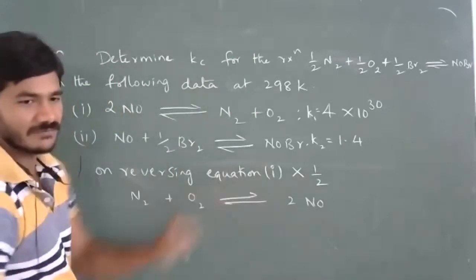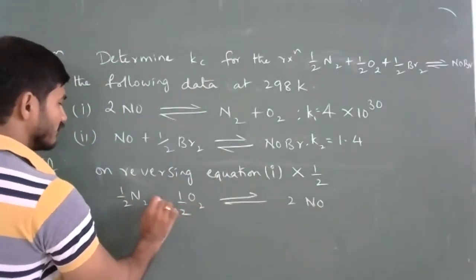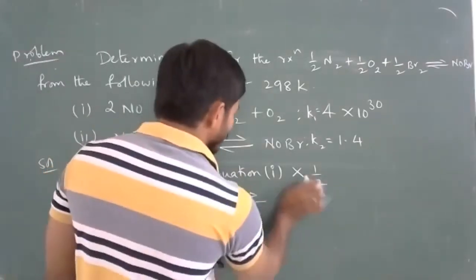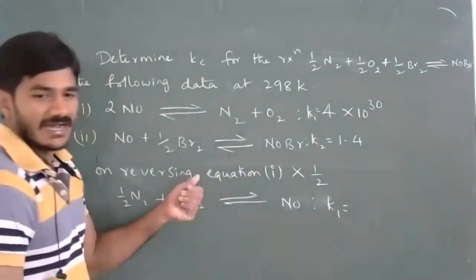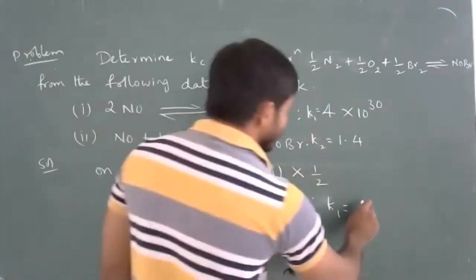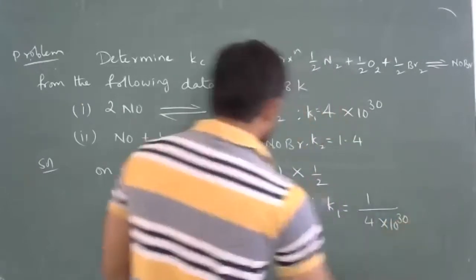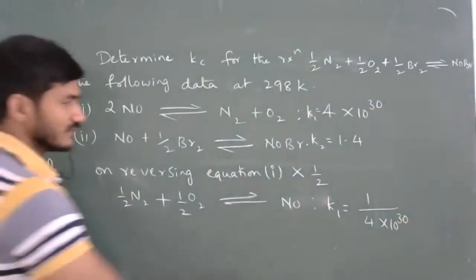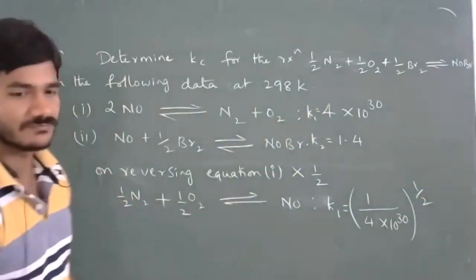Multiplying with 1/2, half N2, half O2 gives rise to NO. For the new K1, after reversing, the value becomes reciprocal, 1 by 4 into 10 power 30. If I multiply with 1 by 2, this becomes whole power 1 by 2, nothing but root.